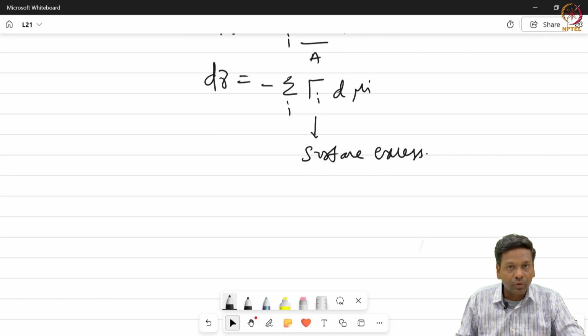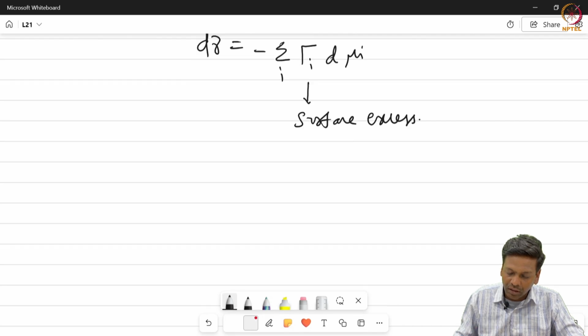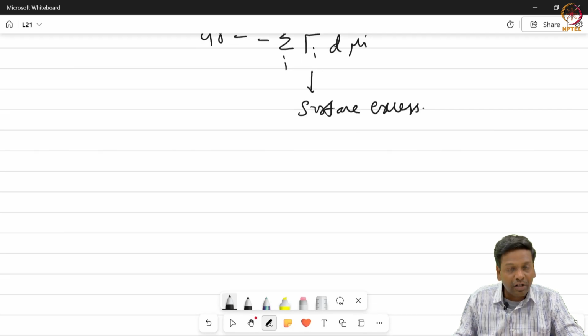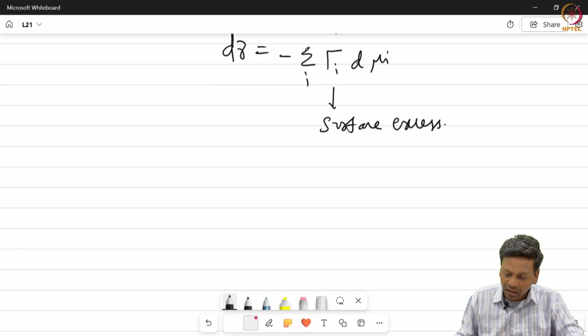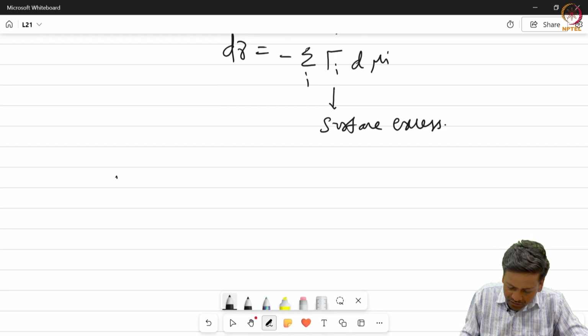Now, we can further simplify this equation. Let us assume the case of a binary mixture.